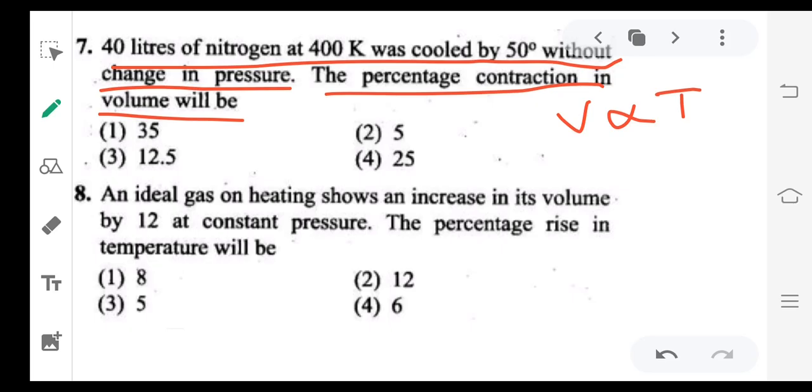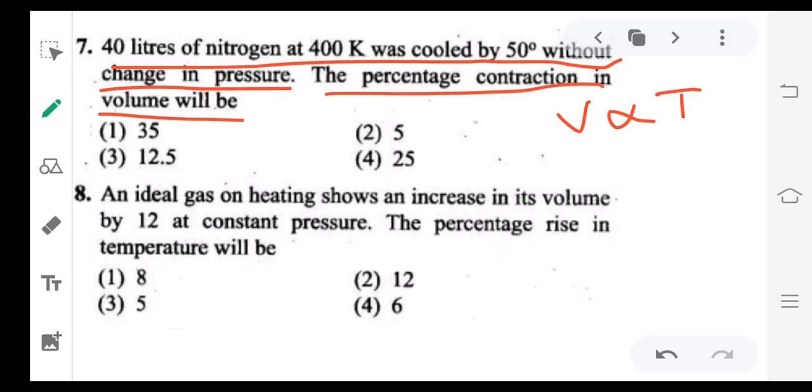T2 is 50 degrees reduced from 400 Kelvin, so 350 Kelvin.